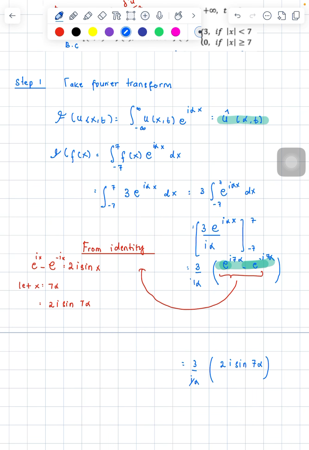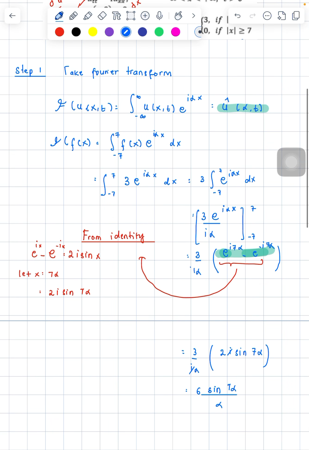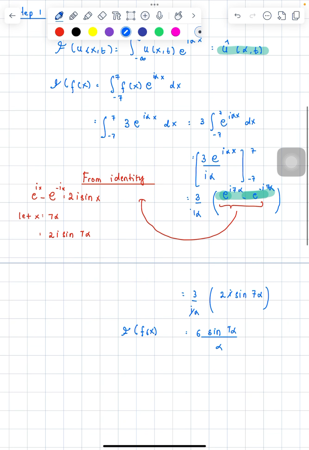Here we can cancel, so 6 sin 7 alpha over alpha. So this is our Fourier transform of f(x).